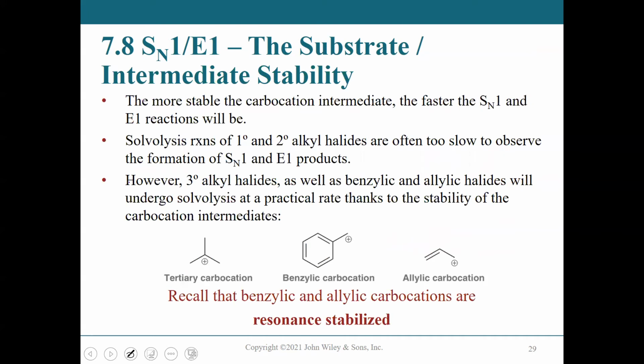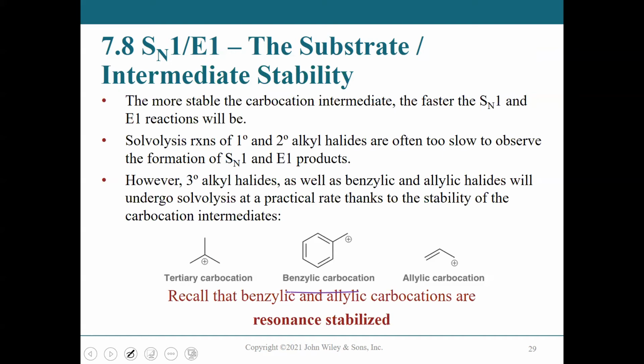For E1 reactions, don't forget that you can have resonance stabilization in the carbocation. The most stable carbocation will give you the faster E1 reaction, same as the SN1 reaction. For example, here I have a benzylic carbocation. This one cannot give me an elimination product.